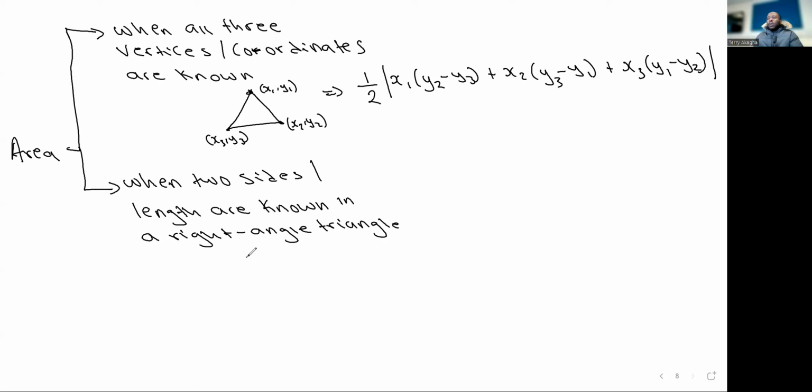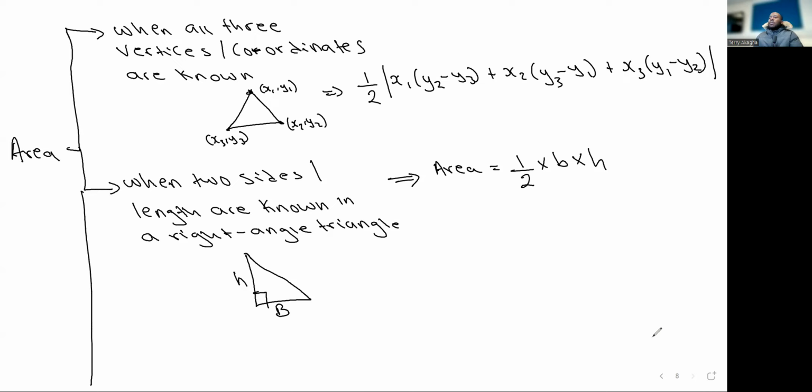So that means we know the two sides, we know the base, and we know the height. And it has to be the right angle triangle, okay? And the formula for that, the area is equal to 1/2 times base times what? Height, okay?